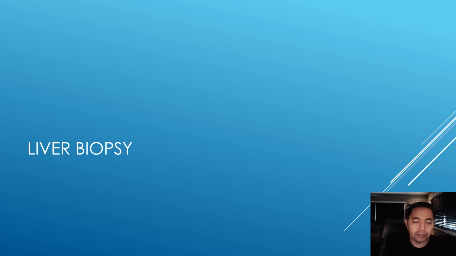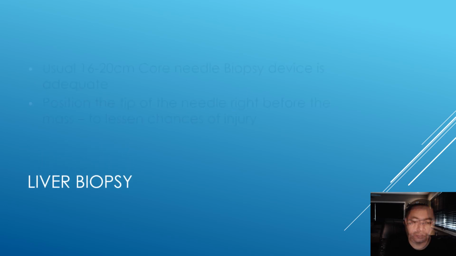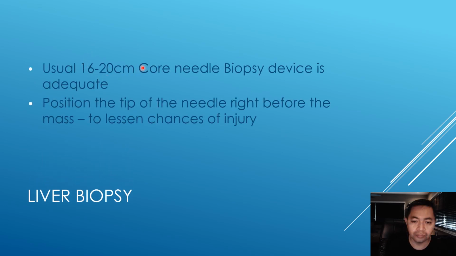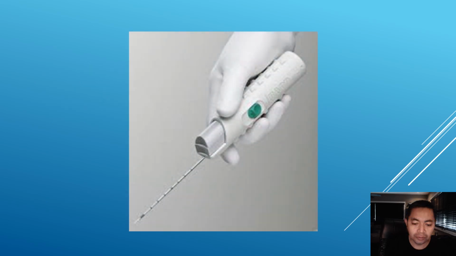Ultrasound could also be used in guiding core needle biopsies of the liver. The usual long core needle is used, like the one here in this picture, but I think this is too short.